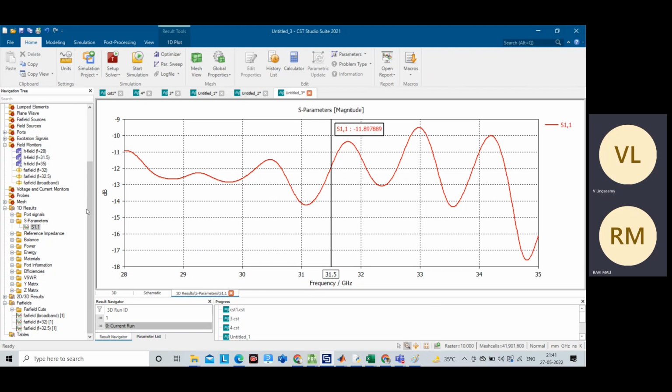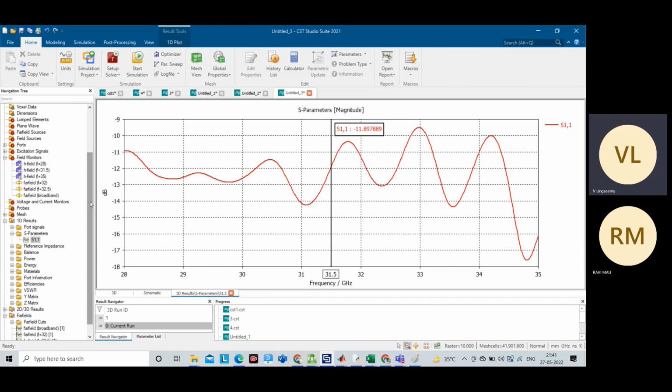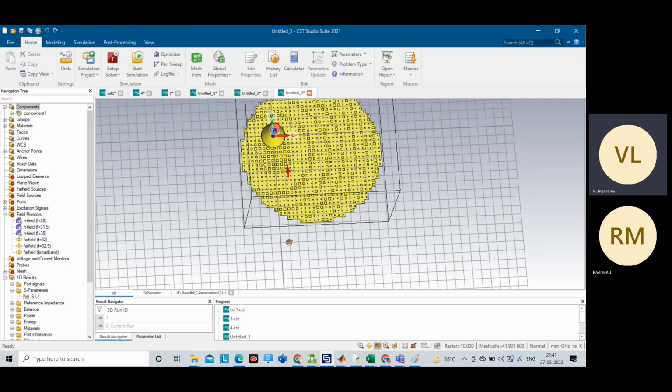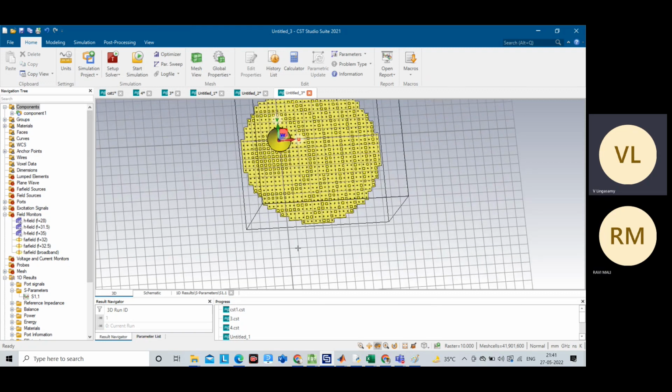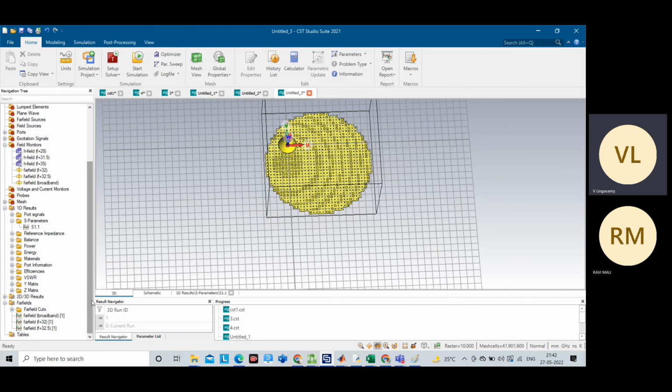When you are in the wrong feed location, it is getting reflected and disturbing the matching of your horn antenna as well. That's why you have to match the location and feed position. I did a lot of measurements, just moving this feed horn and doing the measurement.